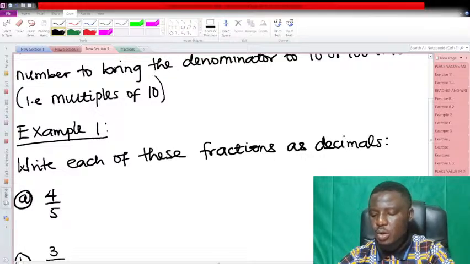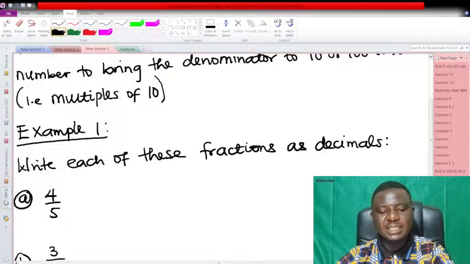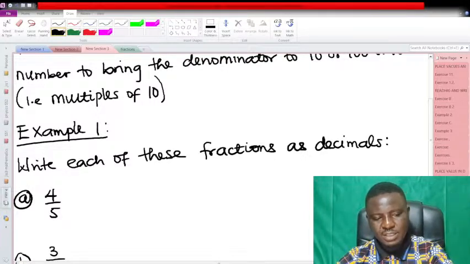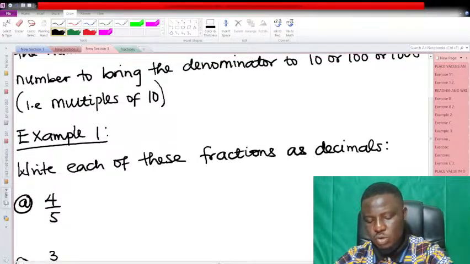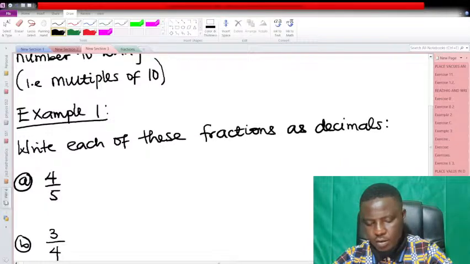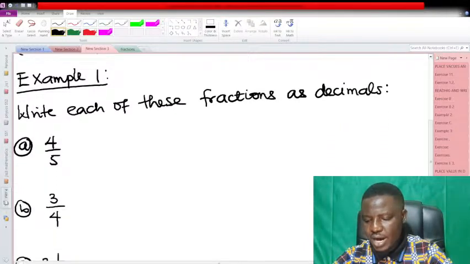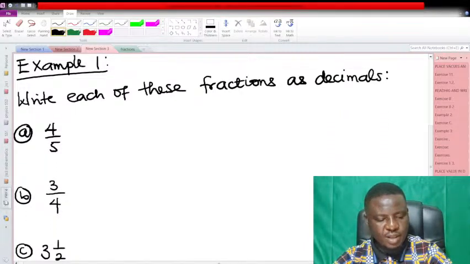Example 1, we are to write each of these fractions as decimals. We have 4 divided by 5.